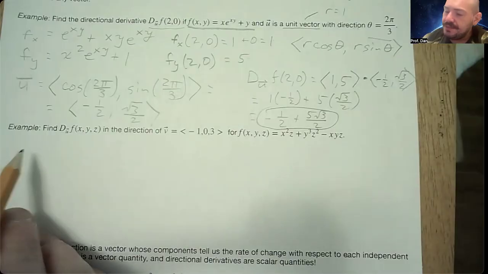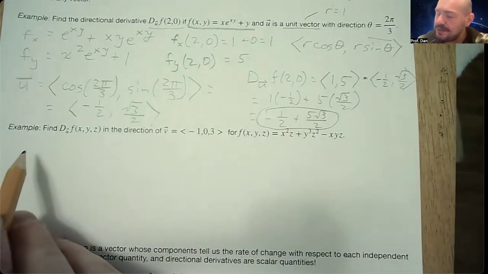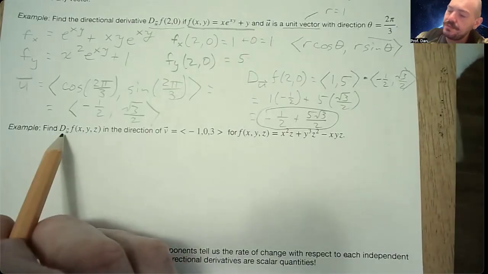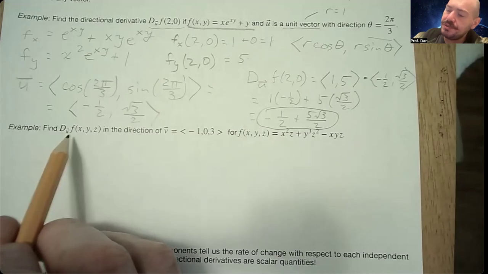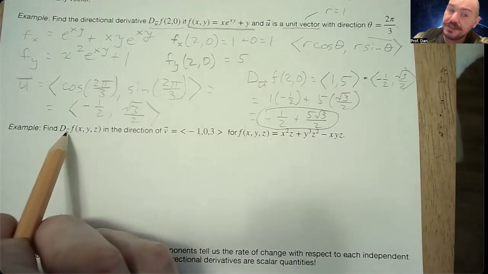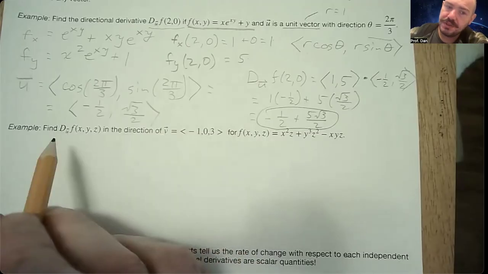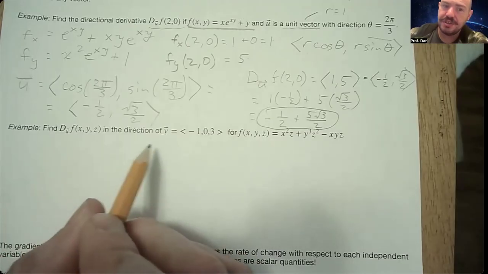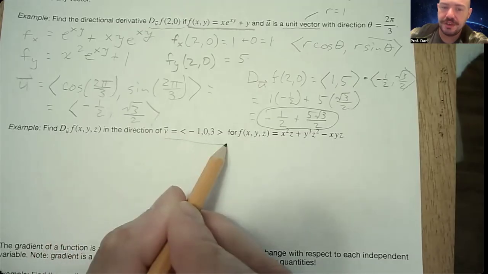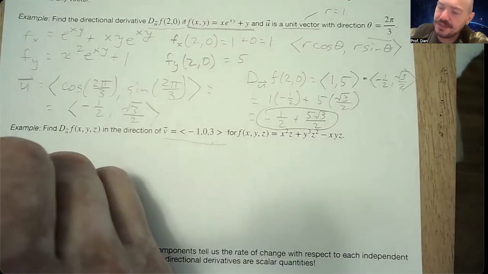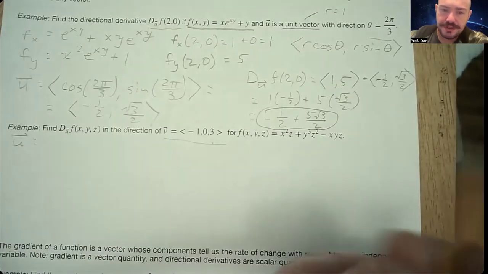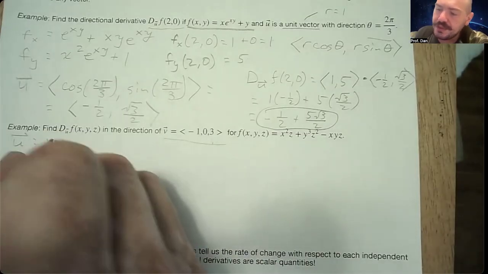All right, let's do one with 3 variables. We want to find the directional derivative of f in the direction of u. Here, u is going to be a unit vector in the direction of the one that we're given. I can start with that, or I could start with the partials; it doesn't really matter.